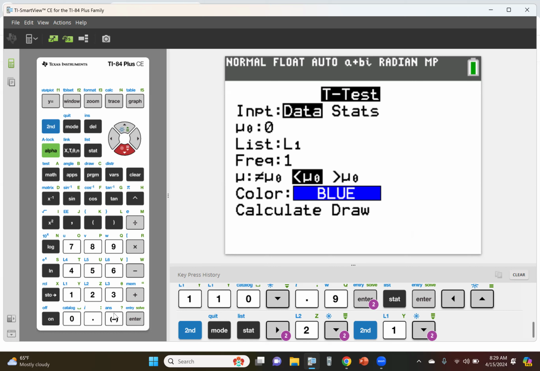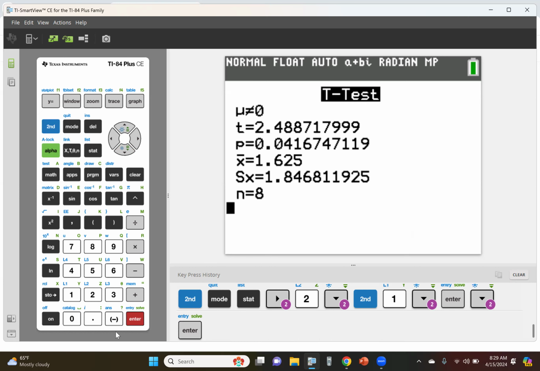And what kind of test are we running? Not equal to. So my test statistic is t is equal to 2.488. By the way, if you run the correct test, it will tell you what the test statistic is. So from the drop down, you're going to pick t equals. And what's my p-value? 0.0417.